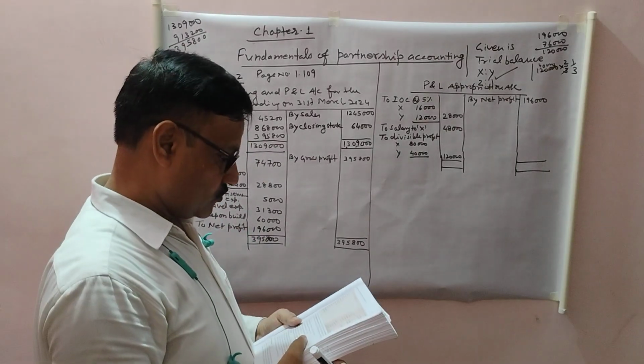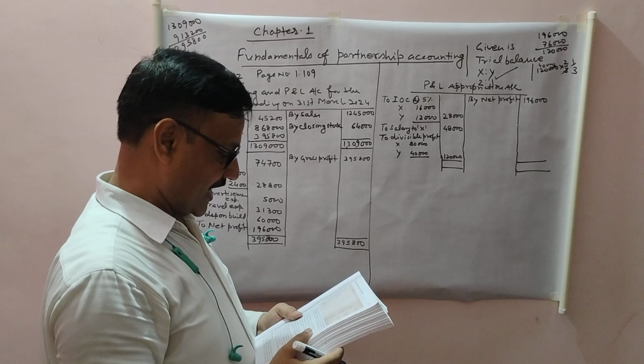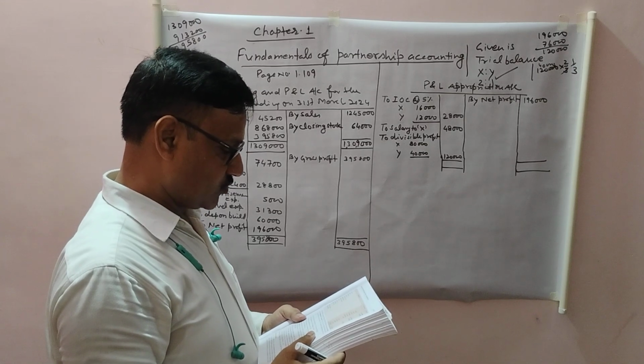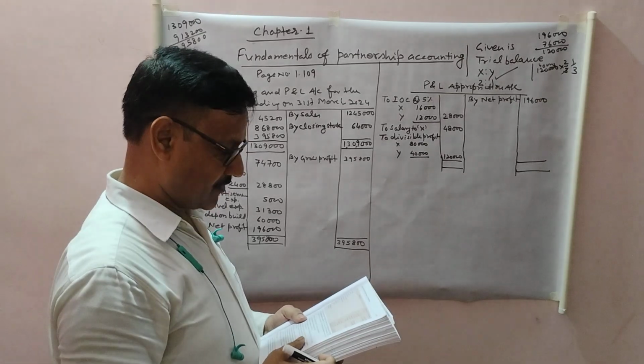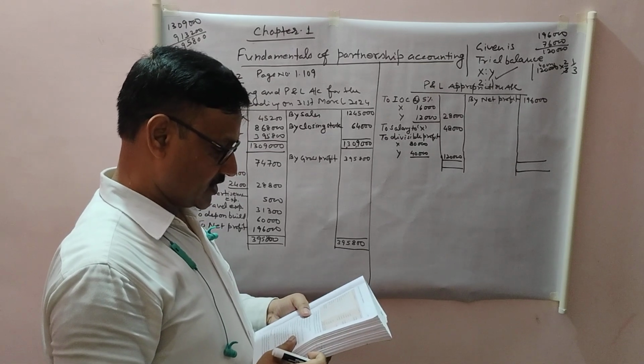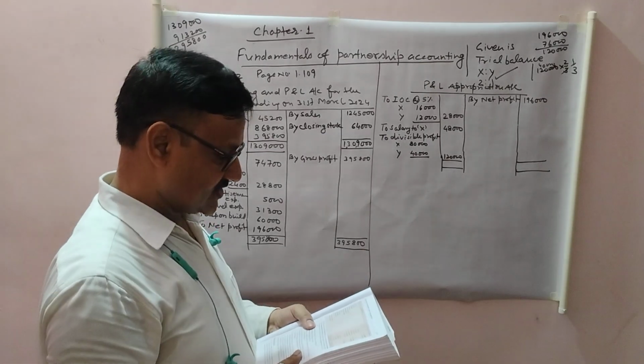Now, what do we have to prepare? It is given in the question that you are required to prepare trading and profit and loss account, profit and loss appropriation account, and a balance sheet on that date.